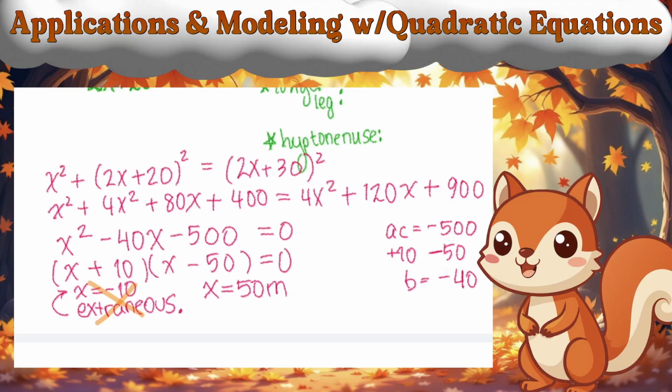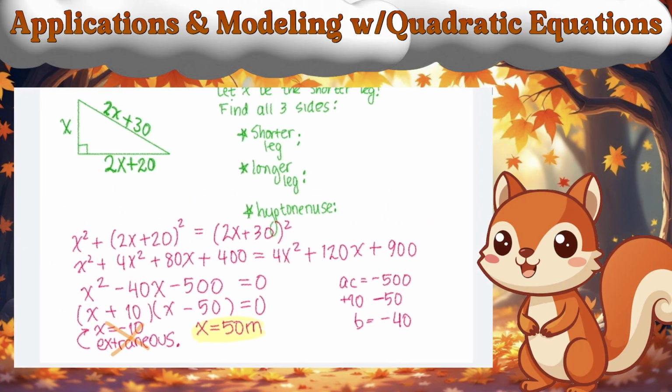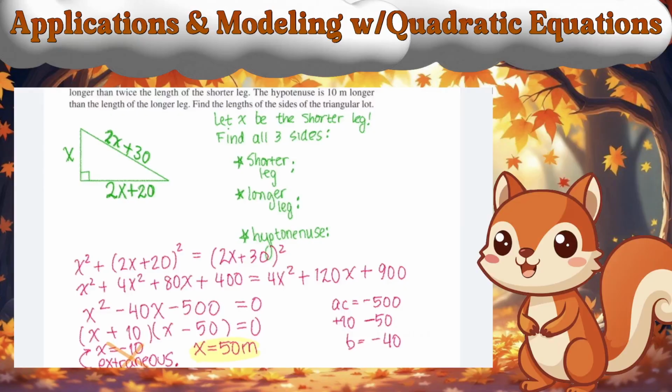So now this answer is going to set me up to find all three sides. So what did we say? Let x be the shorter leg. All right, so the shorter leg was x, and we said that that was going to be 50 meters.